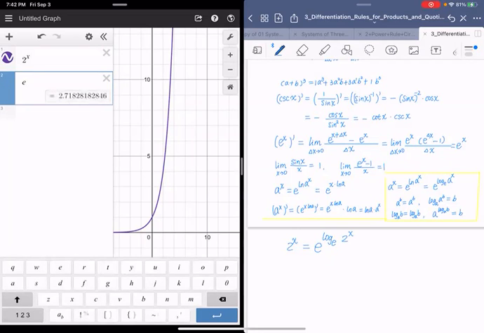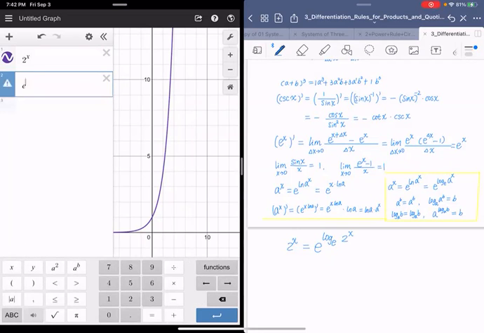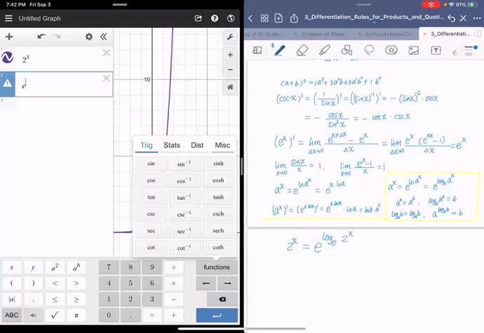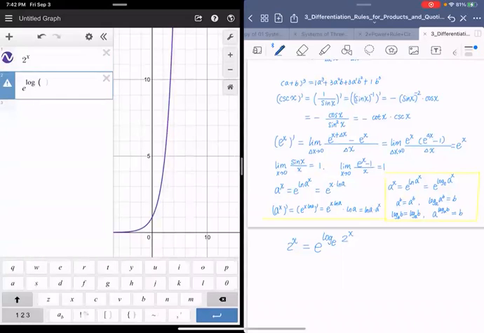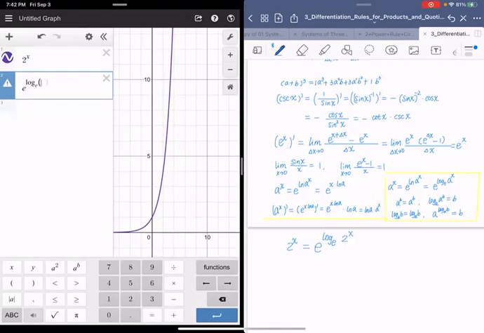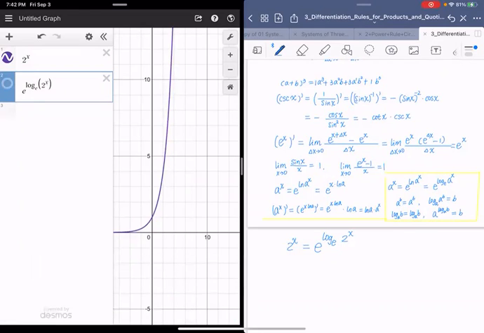E to the power of log e of 2 to the power of x. I didn't do any magic. These two always overlap. Does this make sense a little bit now?